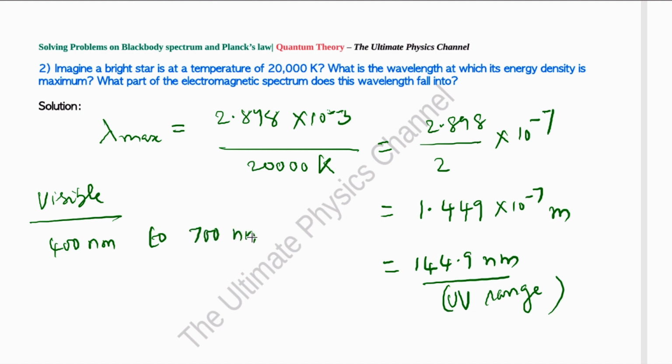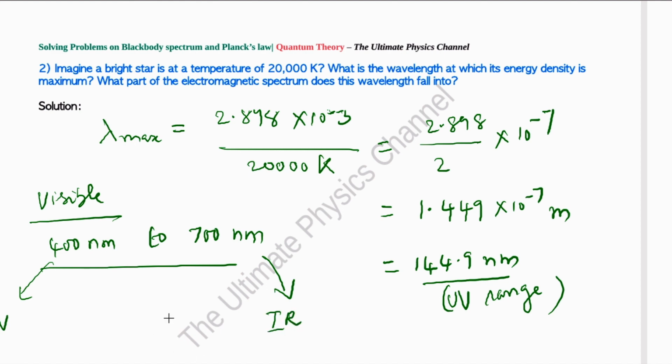Let me take it as 700 roughly. So this is nearly the range for the visible spectrum, where the lower end corresponds to violet and the upper end corresponds to red. And therefore anything below that in terms of wavelength is ultraviolet. Anything above that in terms of wavelength is infrared.